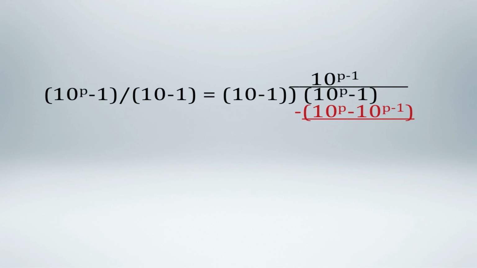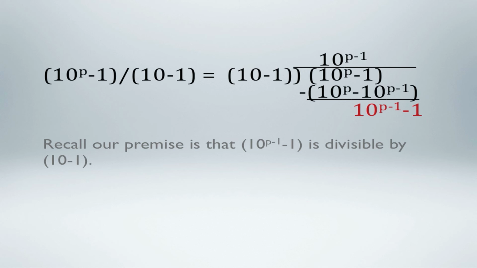And we're going to subtract that from the number above. So we do that, and we have this expression as shown right here. We're taking 10 to the p minus 1 and subtracting from it 10 to the p minus 10 to the p minus 1.